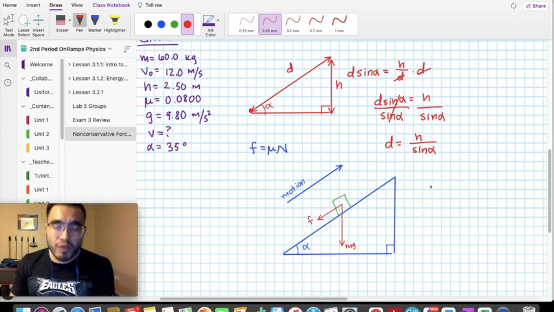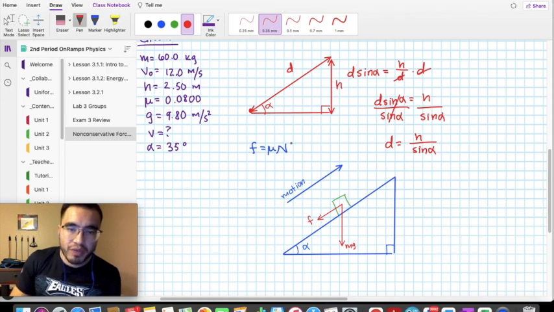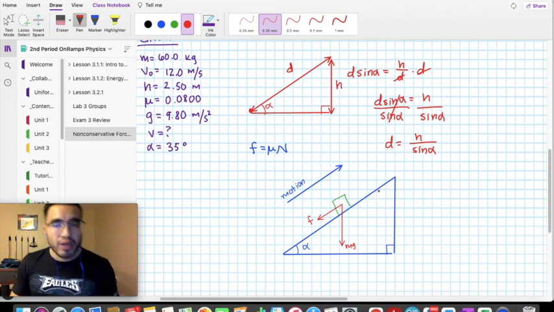And we have one more force, right? Don't forget that the equation for friction had the normal force. Normal force is a reaction force, normally because an object is on a surface.